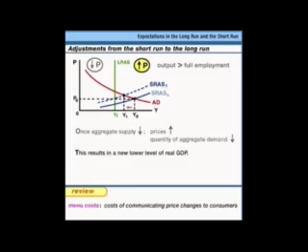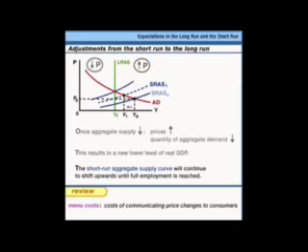Now, when is this process going to end? Well, as long as our output is above full employment, the general price level keeps rising. That means the short-run aggregate supply curve keeps shifting upward until finally we reach a point where we have returned to full employment. That is, things are going to end when the short-run aggregate supply curve has adjusted far enough to bring the economy back to full employment.